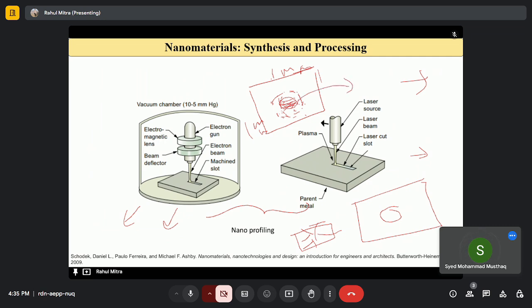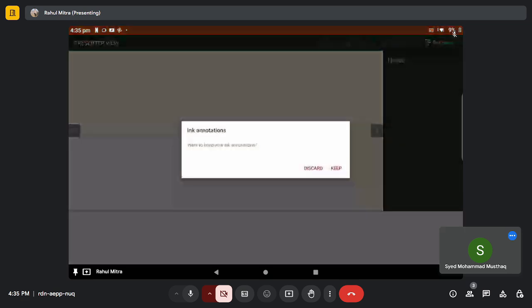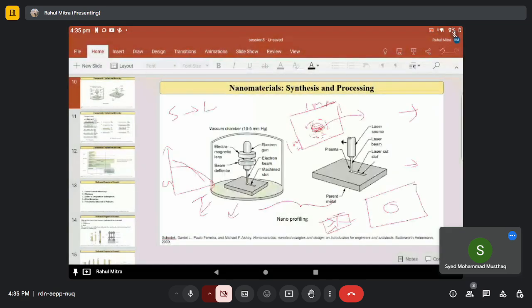During the transformation, as I have mentioned before, if a solid is turning into liquid, we have a G versus temperature curve. Let me add a slide.